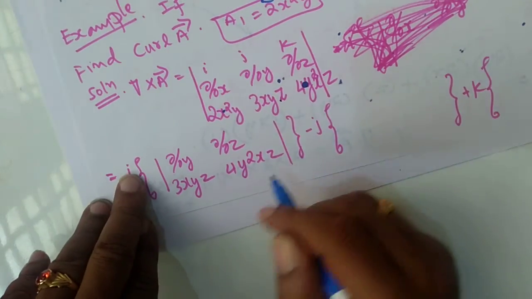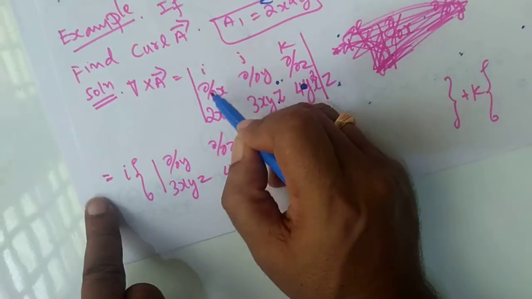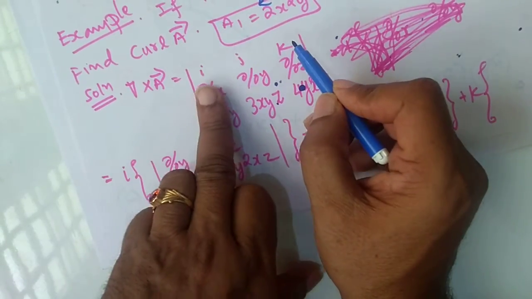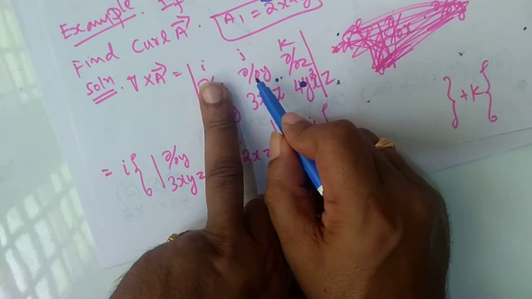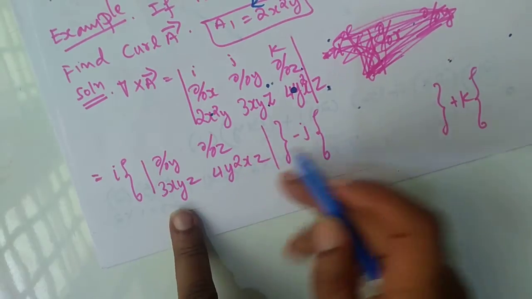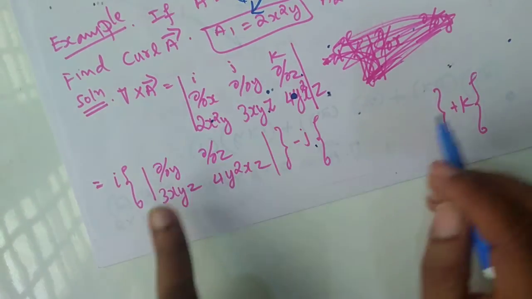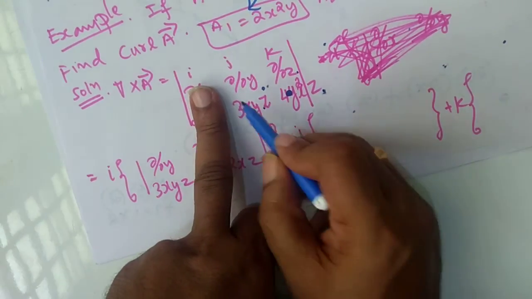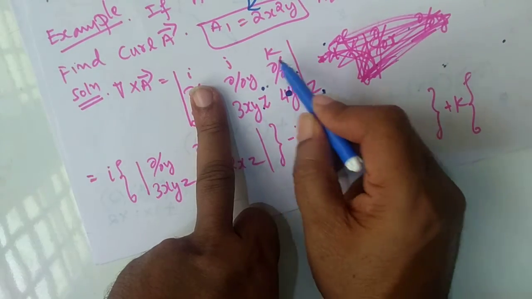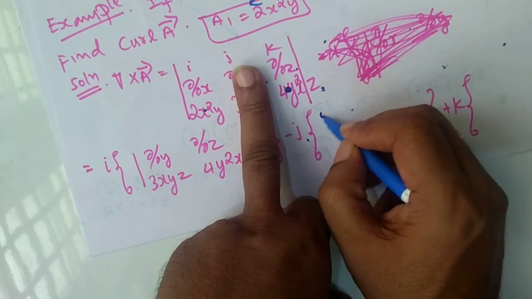Now, expand the determinant. i into, first row, first column you remove. So what is remaining? Dou by dou y, 4y x squared z, dou by dou z, 3xyz. Minus j into, second column you remove, what is remaining?